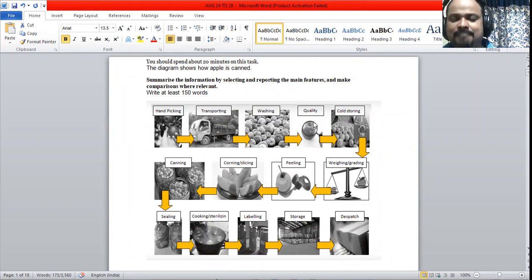In a process diagram, we need sequential words. What do you mean by sequential words? Firstly, secondly, thirdly, next, then, after that, in the consequent step, in the subsequent step, ultimately, finally, eventually, all these things are called sequential words. In academic task 1, when you are attending a process diagram, we badly need this particular vocabulary.